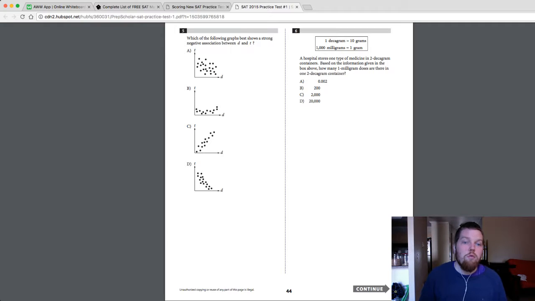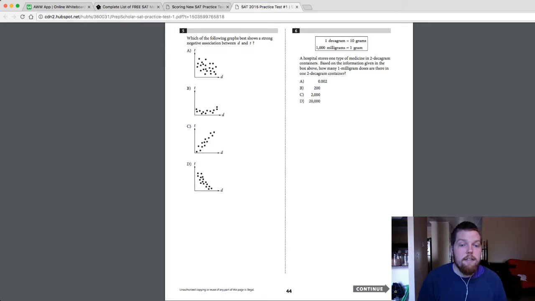Number 5, which of the following graphs best shows a strong negative association between D and T? So what is a negative association? A negative association means as one thing gets bigger, the other becomes smaller.